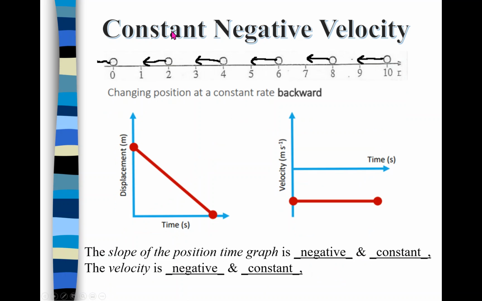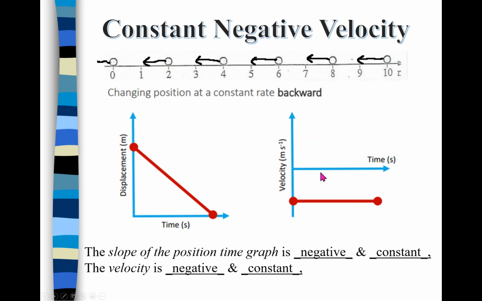Now, what if we have a negative and constant velocity? Ooh, what will that look like? Well, hey, it's just the arrows are going in this direction. Yeah, really complicated. Okay, what's going on here? Well, my velocity is negative and constant. Remember, it's a velocity time graph. Constant velocity just means we're not going up or down.